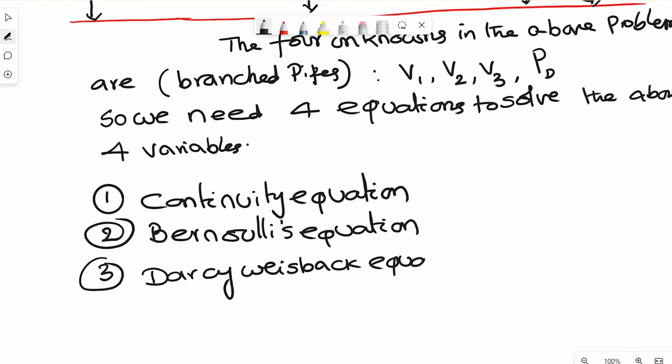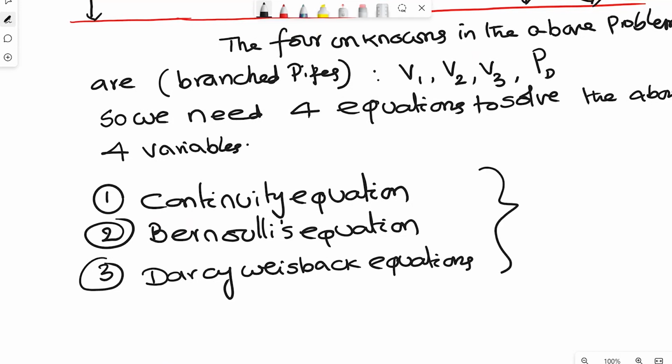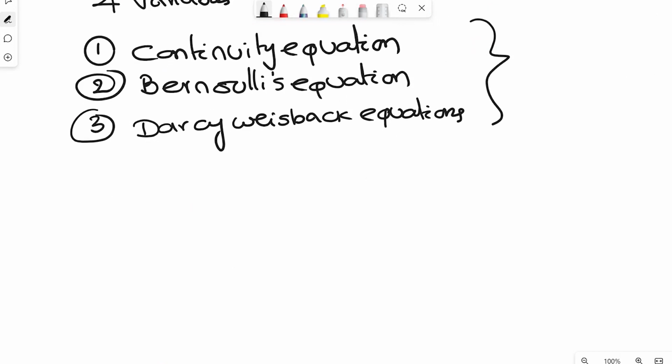So using these three equations, we should be able to generate some equations to determine the four variables. How will I do this? What will I start with?